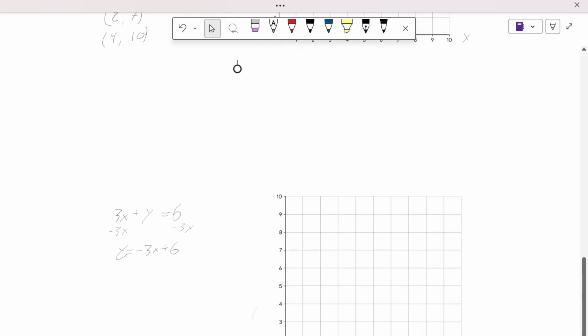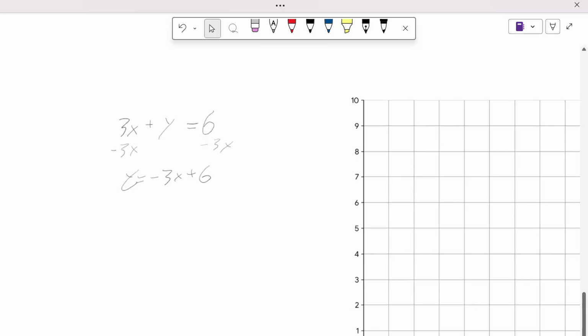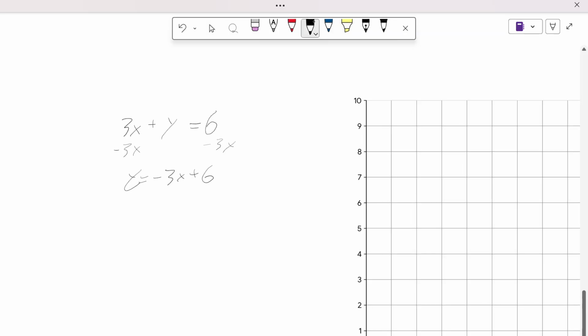Alrighty, continuing on, we have y equals negative 3x plus 6. As noted before, this is b in our equation, y equals mx plus b, and b is also called the y-intercept.